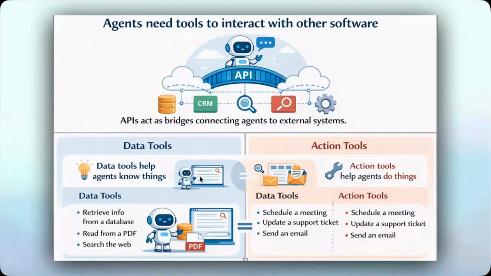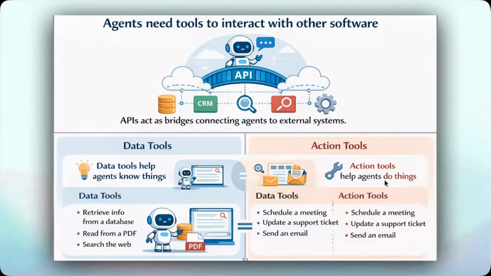Data tools help retrieve information. For example, an agent might use a data tool to look up customer details in a database, read information from a PDF, or search the web for relevant content. All of these tools serve one purpose, that is helping the agent gather the information it needs to make decisions and carry out its task.